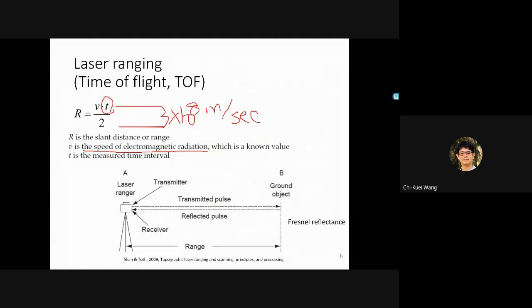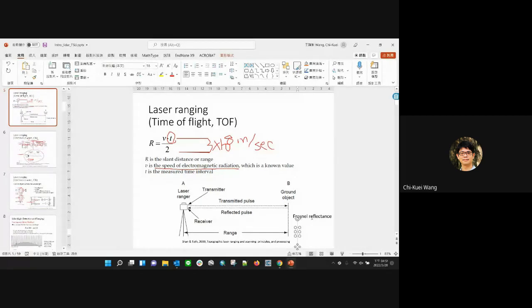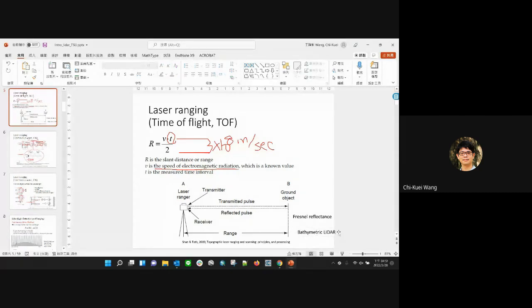The other thing is there's another kind of LiDAR called bathymetry LiDAR. If you know this fancy word, bathymetry, that's water depths. Bathymetry LiDAR can measure the depths from the air.